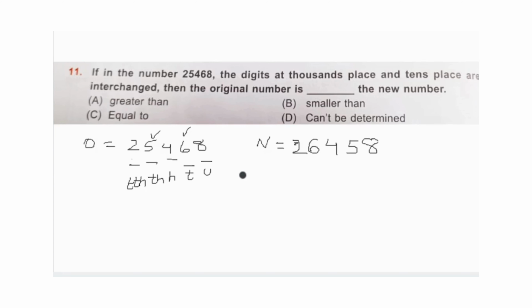So the new number formed is 26,458 after we interchange 6 and 5 from the thousands and tens places.